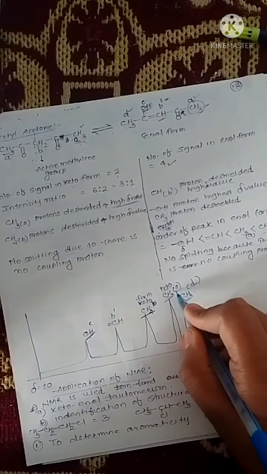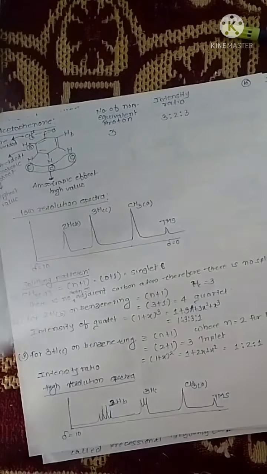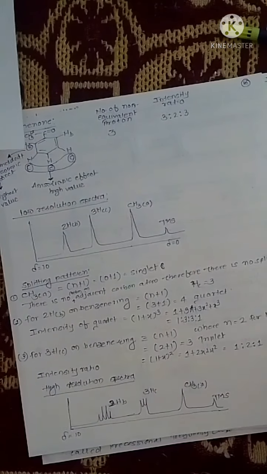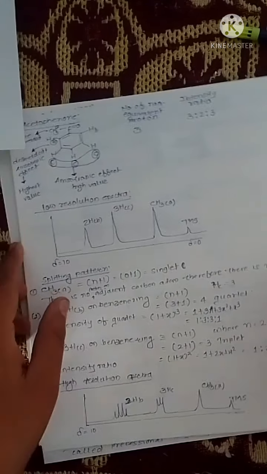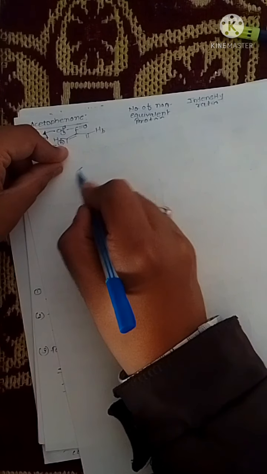So now we are going to see the NMR spectrum of acetophenone. Just see here, the structure of acetophenone is like this.